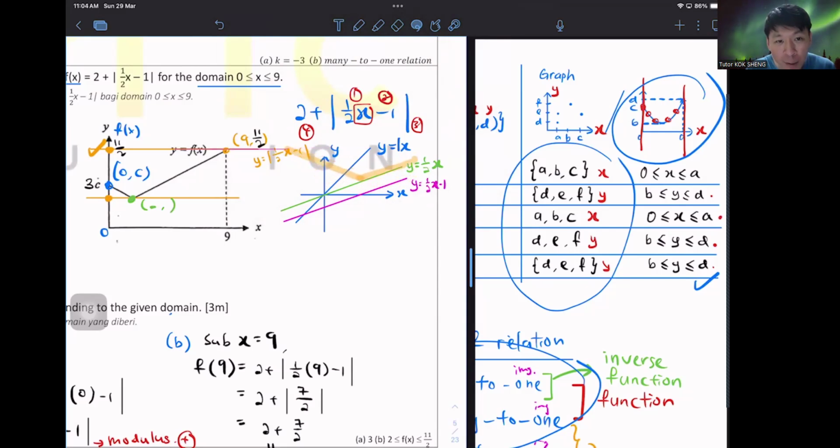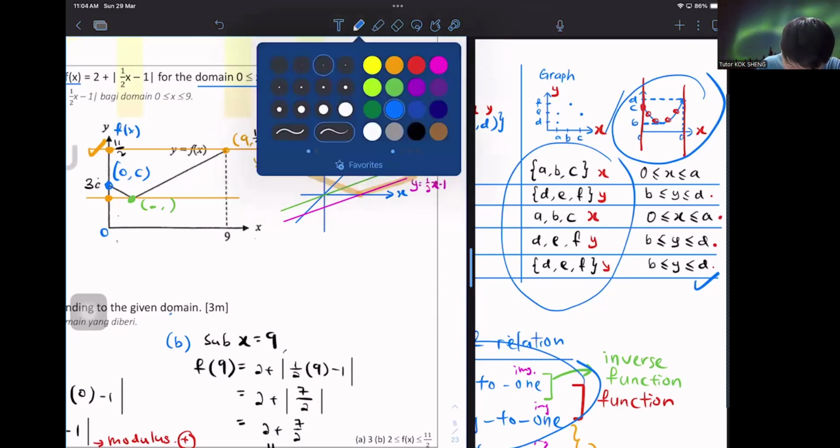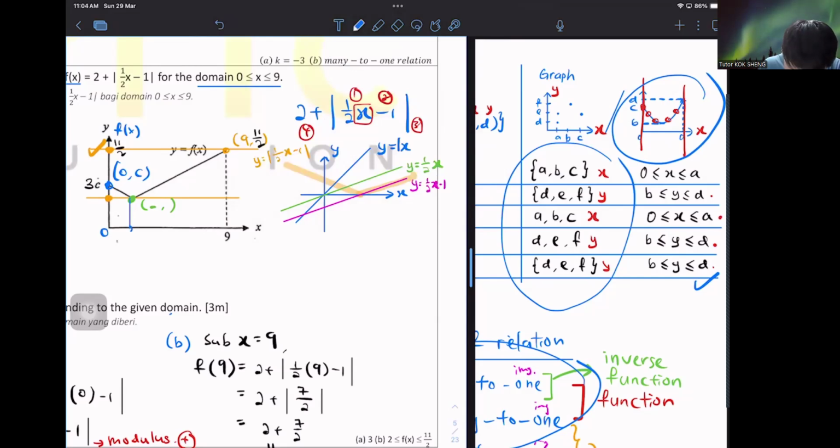So if I move it back here, it's actually the same place as over here. These 2 points are the same place.